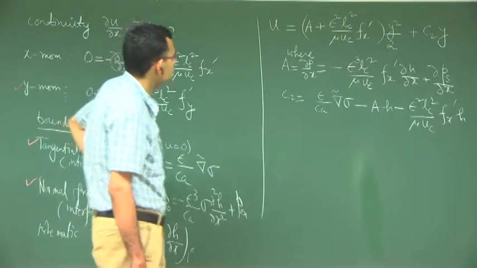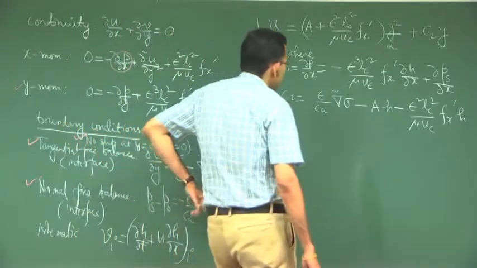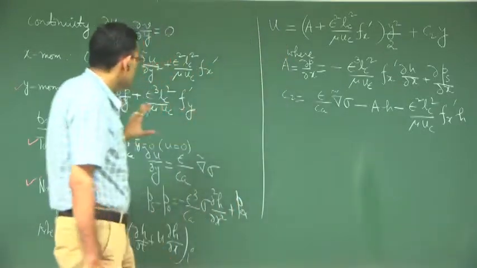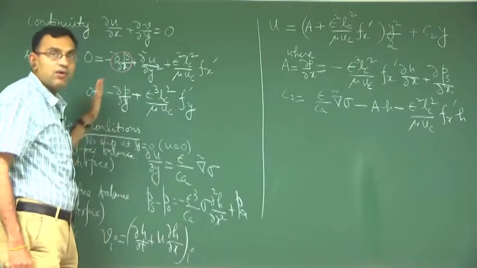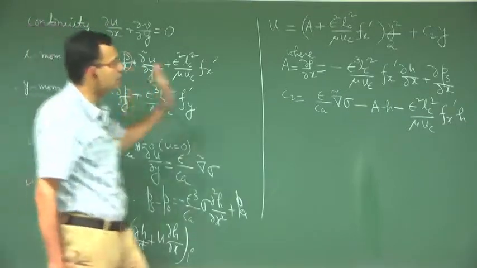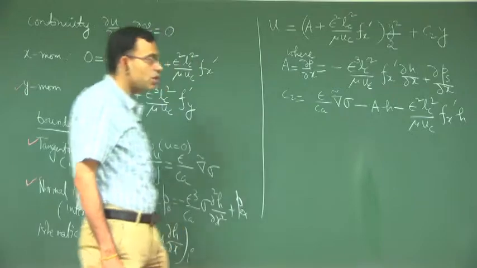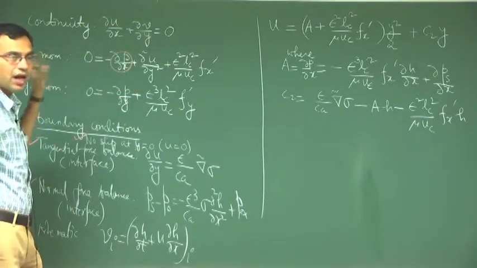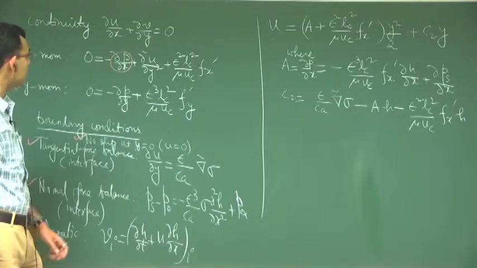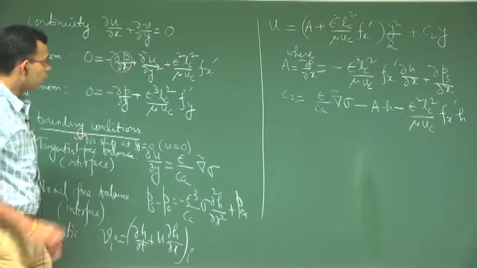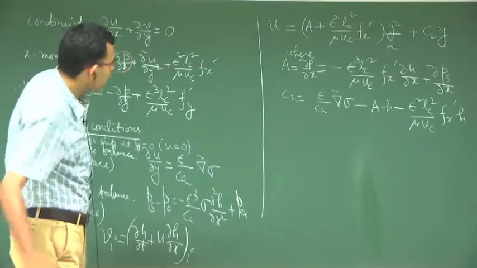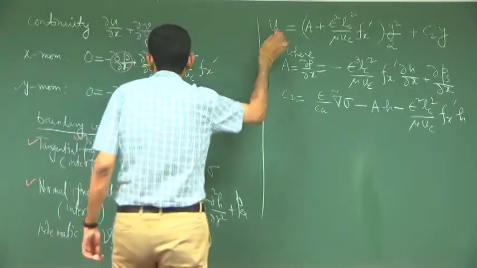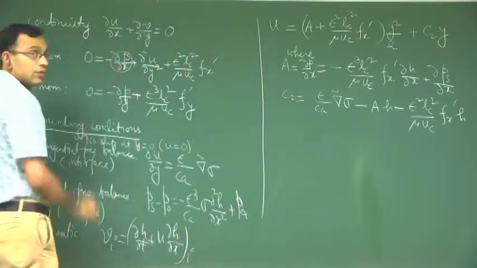Now, let us see where we are. That is why I have written the governing equations and the velocity profile, because we will see which equations we have utilized and which we have not utilized. In the process of deriving this, we have actually integrated this equation twice.